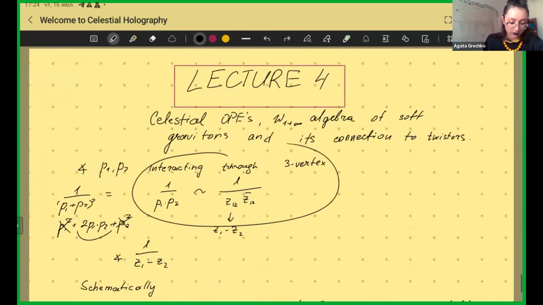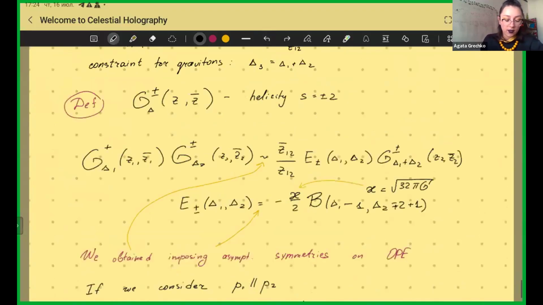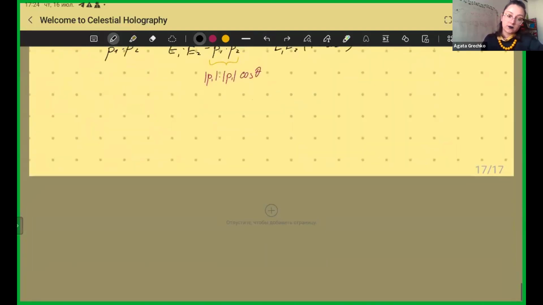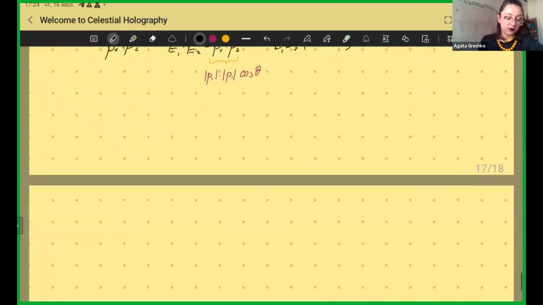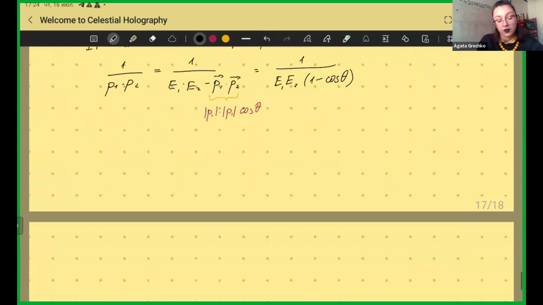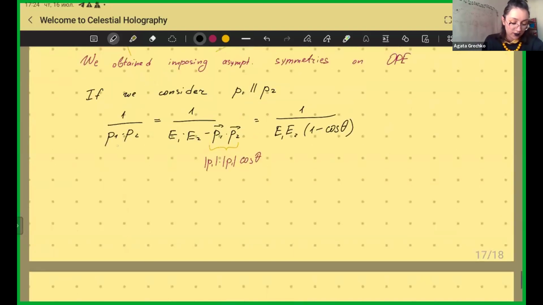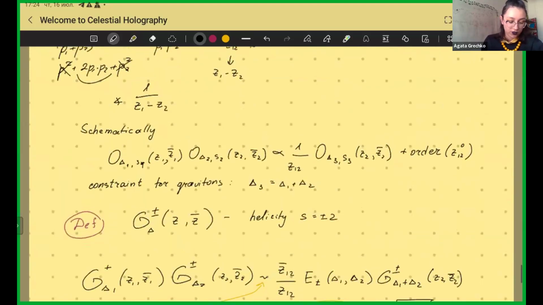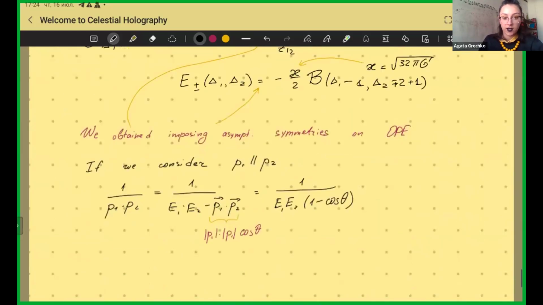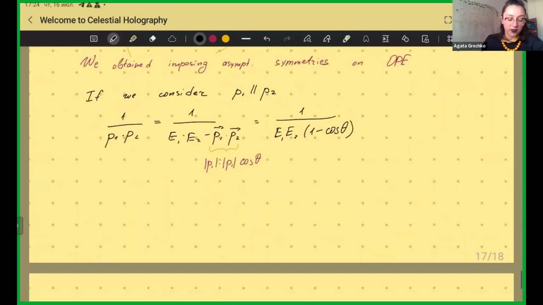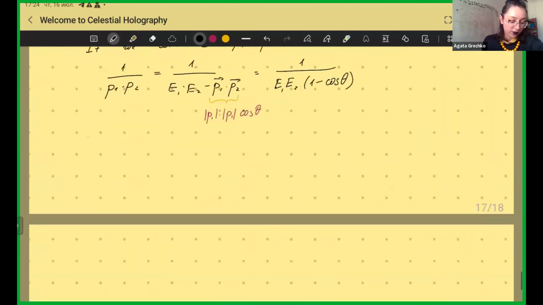The same singularity, but if we study it from the amplitude point of view, and here, if we study not already OPE, not just operator product expansion, imposing symmetries, but if we actually write down some endpoint amplitude that has a pole like this.